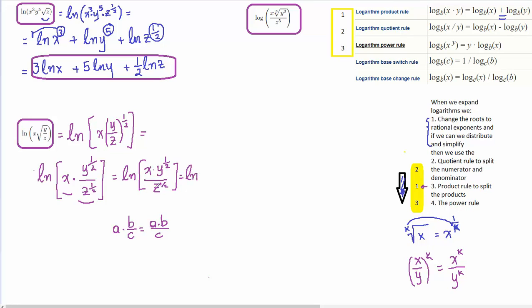The result for this will give me ln of, now I can apply the quotient rule, ln of x times y to the 1/2 minus ln of z to the 1/2.